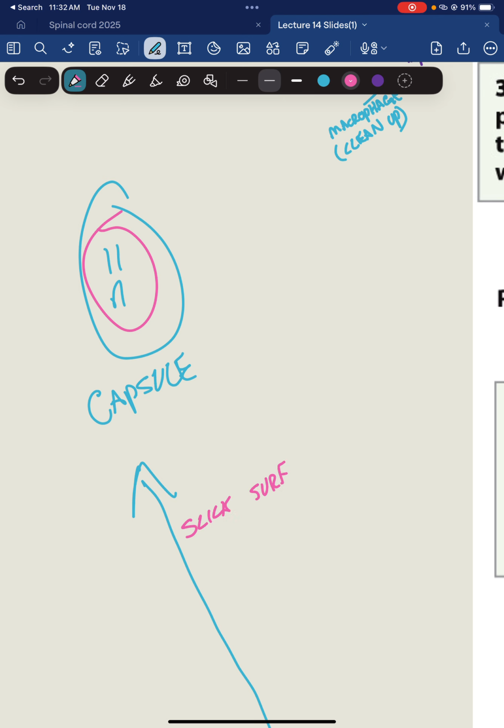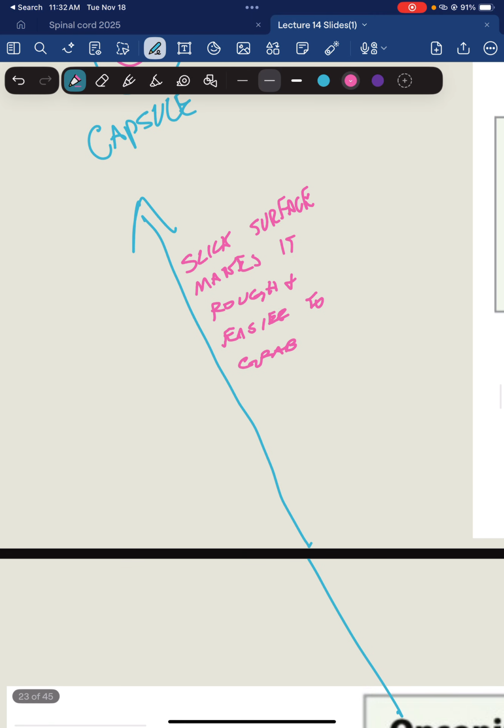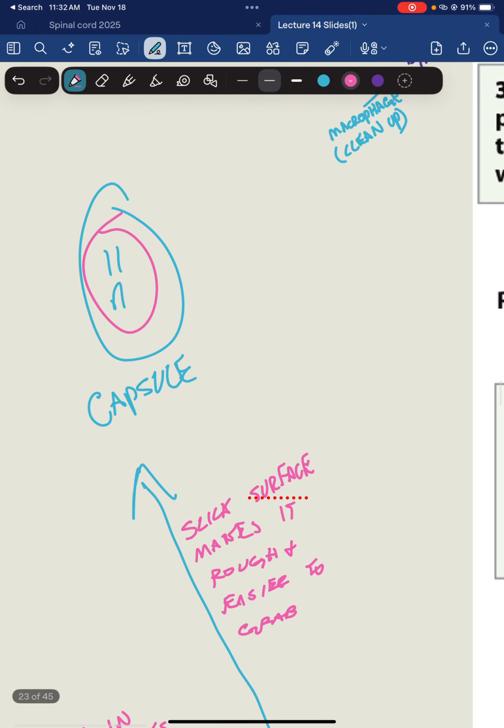Let's cover it in those antibodies. And it's a whole lot easier to grab onto. So coat the pathogen in antibodies. AD just stands for antibodies, so that it isn't slippery. So we just have a way to facilitate this process if the bacteria has a defense against it.